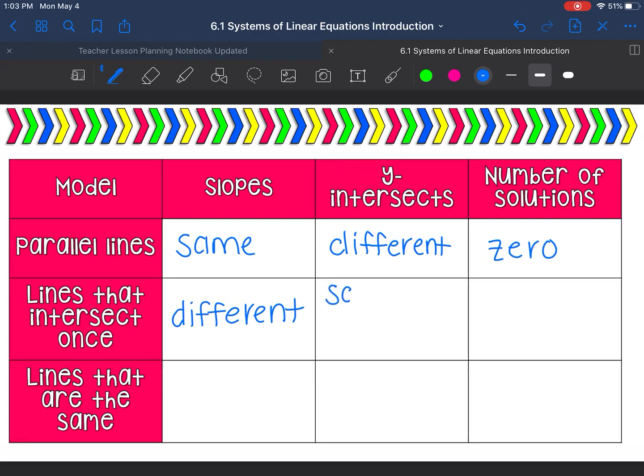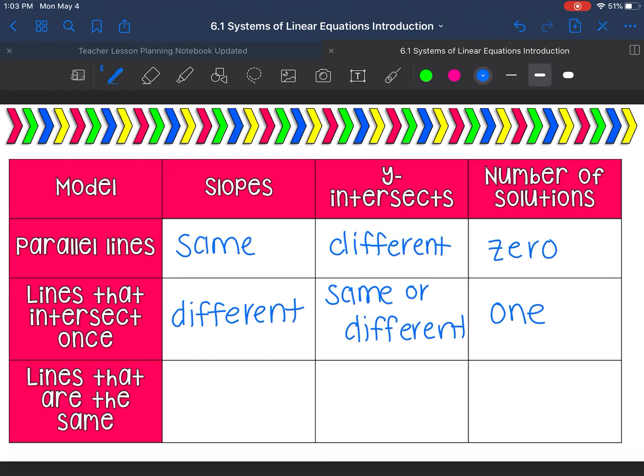They can have either the same y-intercept or different y-intercepts. And for the number of solutions, if they intersect one time, then they have one solution.